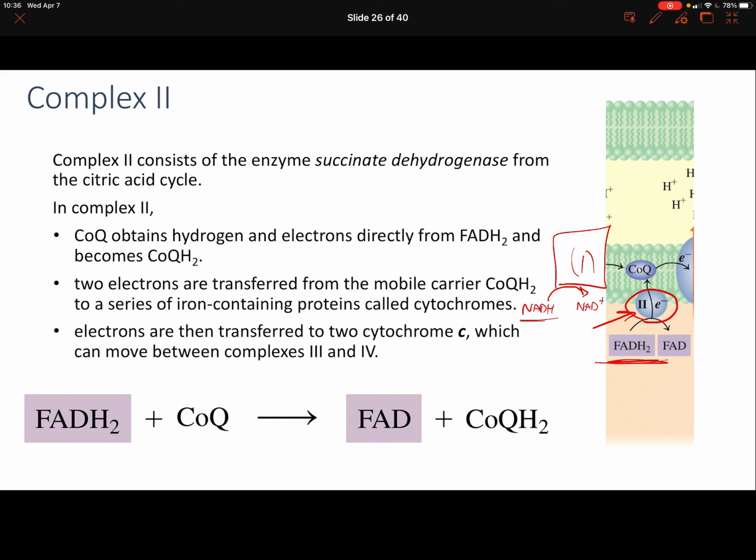What this ends up meaning is that the amount of ATP that we get from FADH2 is not as much as what we get from NADH, because we're putting the electrons in from NADH further upstream. They have more time to do more energy before they get to complex 5, versus FADH2, which doesn't have that much.